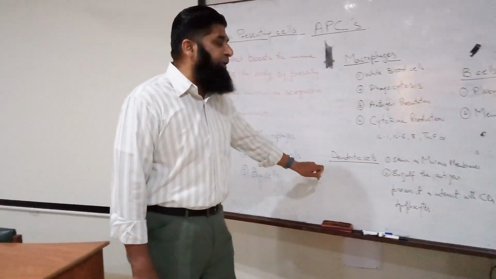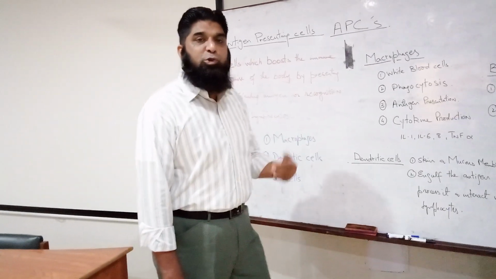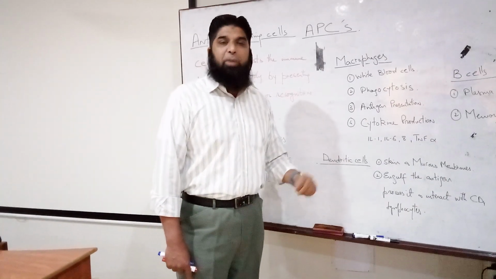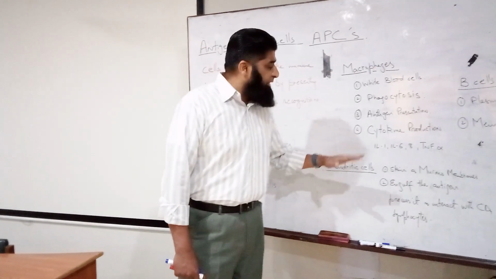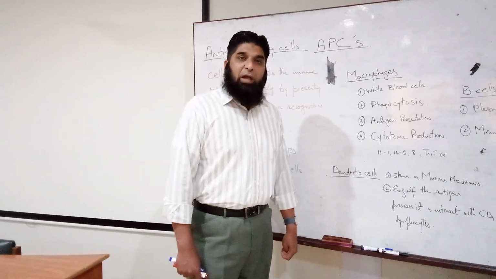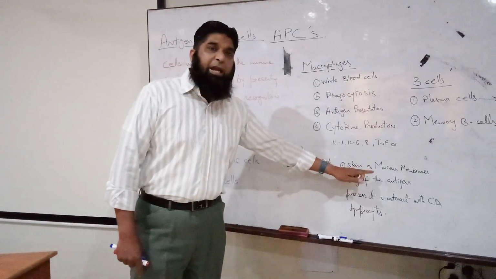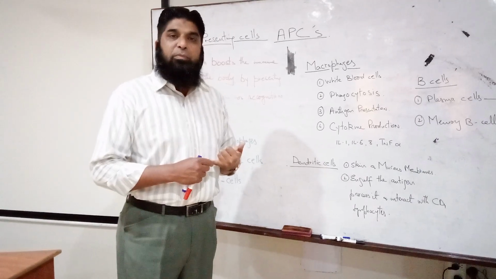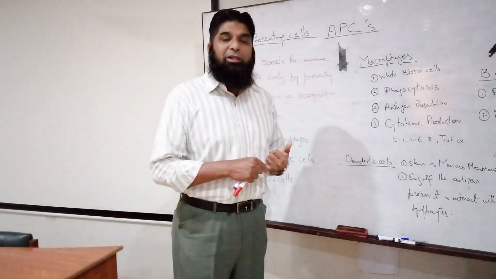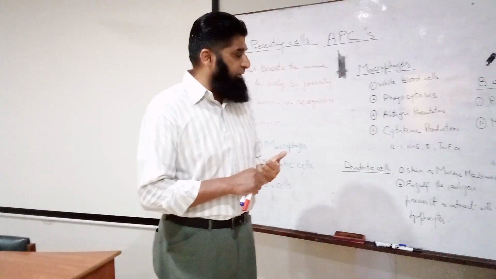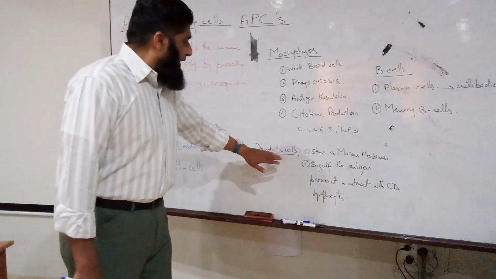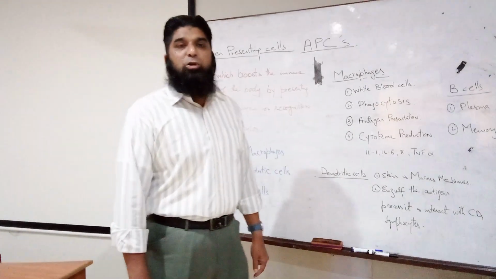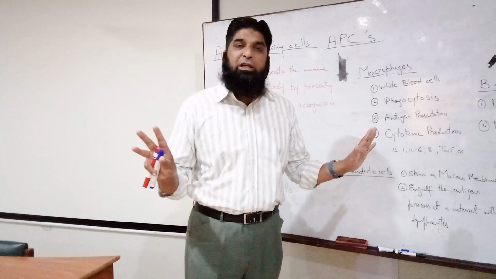Now students, dendritic cells. As you all know, dendritic cells are specialized macrophages. They are present under the skin and mucous membranes of the respiratory tract, gastrointestinal tract, and genital tract. Students, dendritic cells are called dendritic because they have a branching structure.